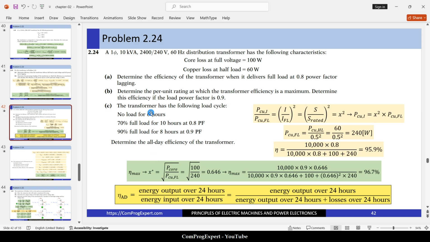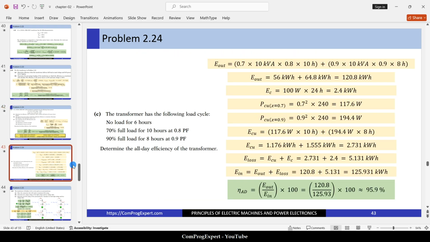We have this load cycle. The total output energy, E out, is calculated using this equation. We have 6 hours no load, so we don't have energy output for this interval. 70% of the full load for 10 hours: 0.7 times 10 kVA times the power factor 0.8 times 10.